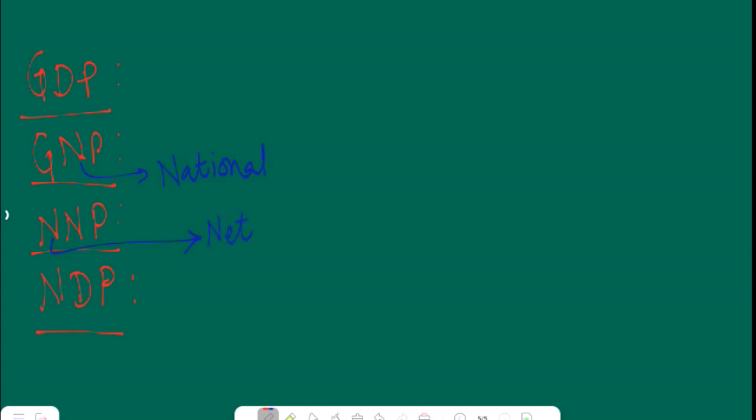For calculating net, we have to minus depreciation. Remember this.